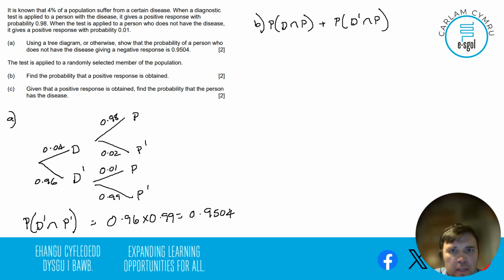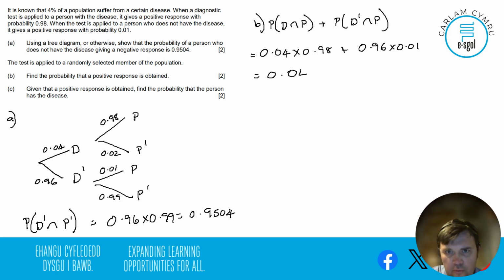So it would be 0.04 times 0.98 plus 0.96 times 0.01, which would give a total of 0.0488.